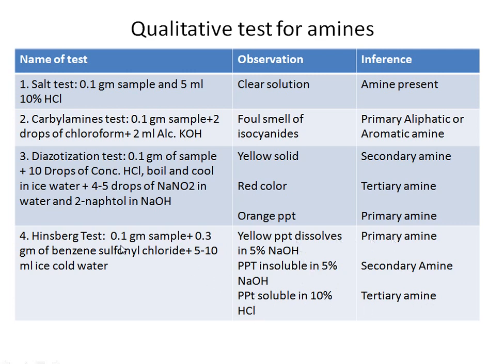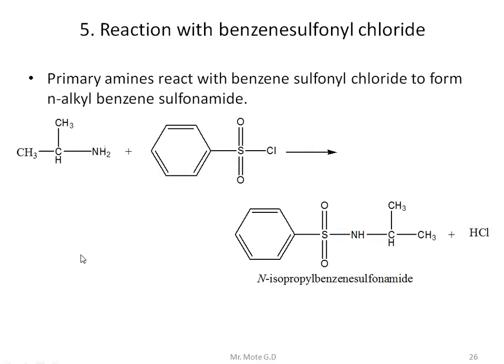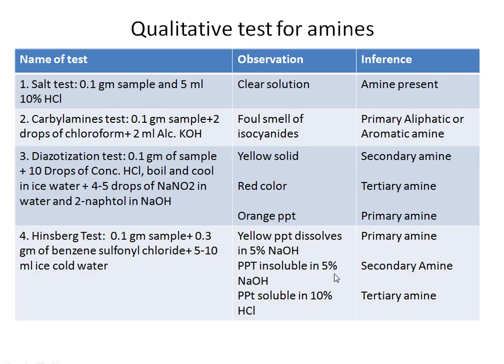So these are the criteria for the Hinsberg test. The Hinsberg test we have discussed in the reactions also here. Amine treated with sulfonyl chloride, benzenesulfonyl chloride, to form sulfonamide. Primary amine gives a yellow precipitate which dissolves in NaOH. Secondary amine gives precipitate insoluble in NaOH, and tertiary amine gives precipitate soluble in 10% HCl. So this is the qualitative test for the amines.